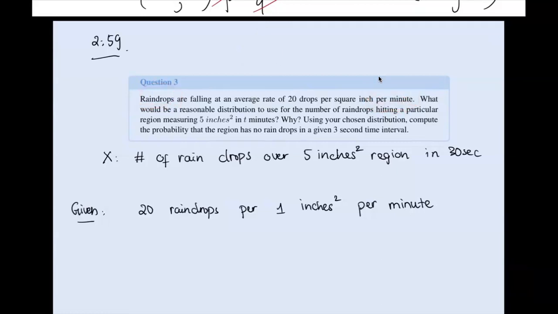And we want to compute the probability that this region, the region of 5 square inches, has no raindrop in a 3-second time interval.